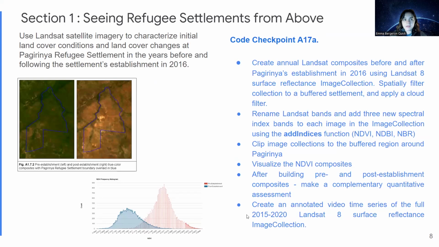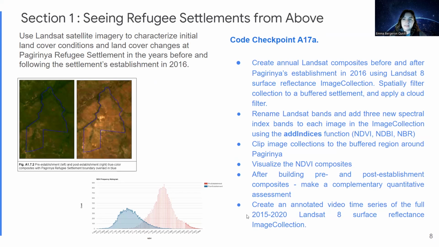This is where we'll also create a video, and we're going to use the imagery to characterize initial land cover conditions and land cover changes at Pagirinia refugee settlement in the years before and after 2016, which was when the settlement was established.